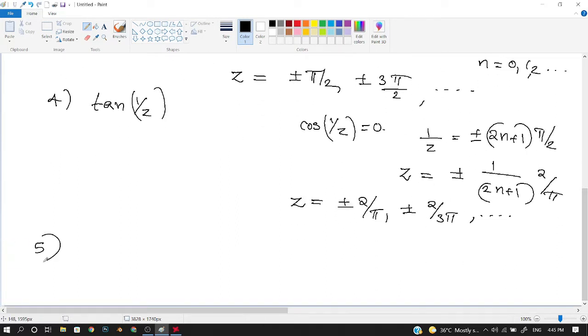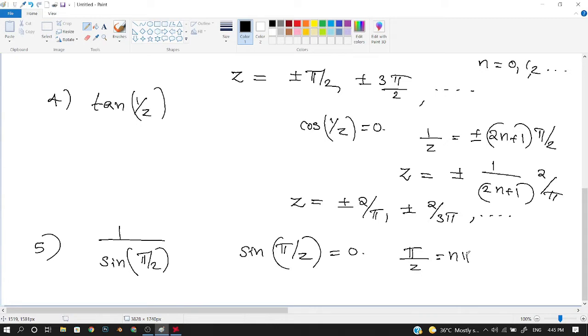Next we can consider the function 1 by sin pi by z. So the singular points are given by sin pi by z equal to 0. And we know when sin theta equal to 0, theta equal to n pi. So, pi by z is equal to n pi.